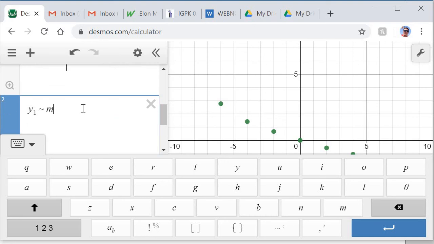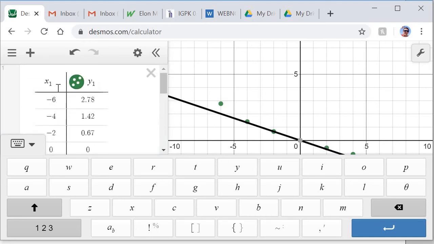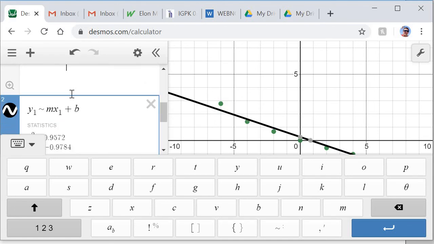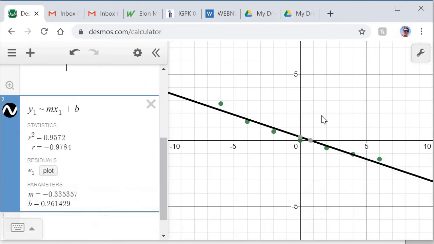Then we type in m, then x1 to symbolize the data in your x1 column, then plus b, and see what happens. Close this down. And there is this linear regression, and we get our R value of -0.784. I want you guys to remember this value.